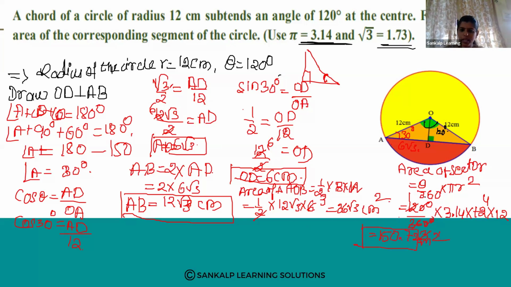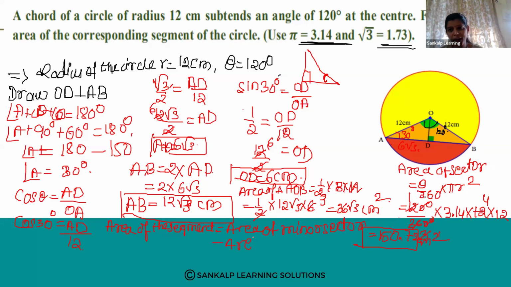Now, by using area of the triangle and area of the sector, we can find out the area of the corresponding segment. So area of the segment is equal to area of the sector, this is minor sector. So area of minor sector minus area of triangle.